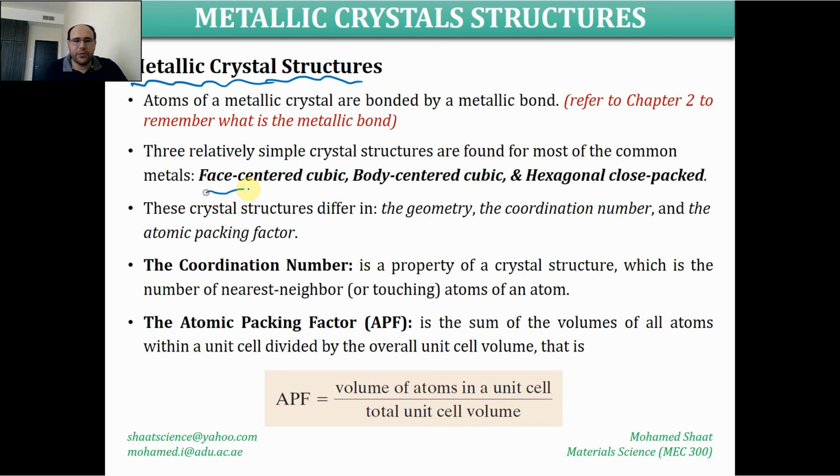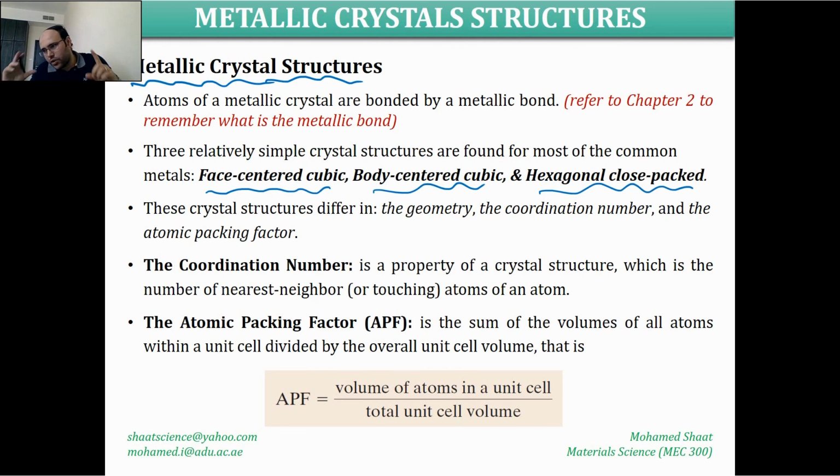And we're going to discuss the face-centered cubic, body-centered cubic, and hexagonal close-packed. These are three different atomic arrangements, three different three-dimensional periodic patterns, three different crystal structures. So what are the types of crystal structure?